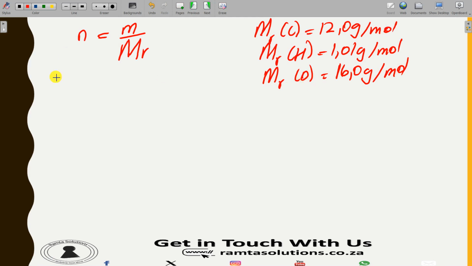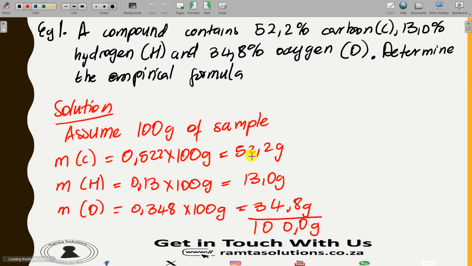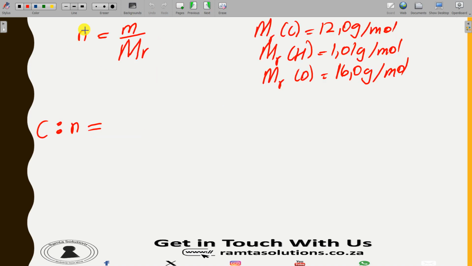Now we need to find the number of moles of each element. Let's begin with carbon. What is the number of moles of carbon? The mass was 52.2 grams, and the molar mass of carbon is 12.0 grams per mole.